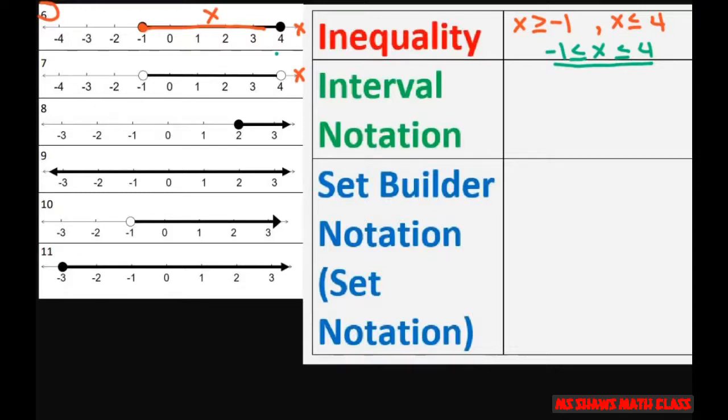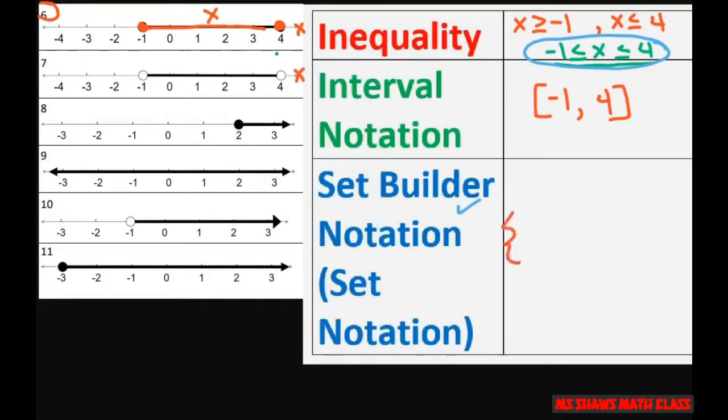Now interval notation, since these are both equal here, you use brackets, and you just write -1, 4. Set builder notation is where you take the inequality, and you're going to start using this when you get to calculus or pre-calculus.